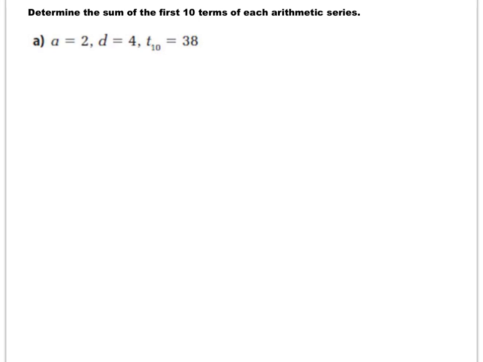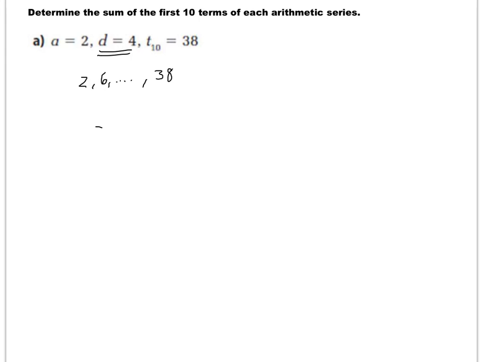The next example says determine the sum of the first 10 terms of the following arithmetic series. The first term is 2. The common difference is 4, so the next term is 6, and so forth. And we know the 10th term is 38. Since we know the number of terms is 10, the last term is 38, and the first term is 2, we are going to use the first version of the formula.